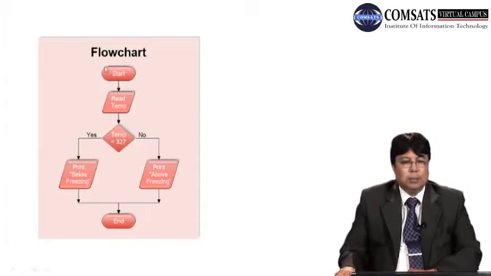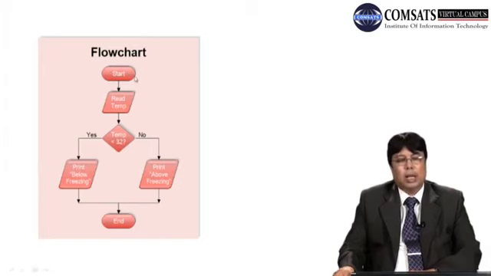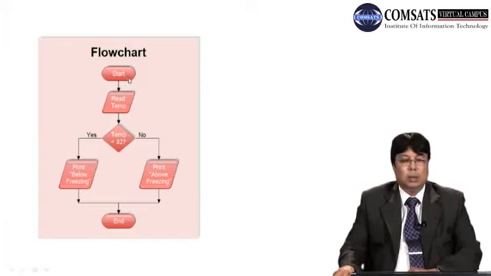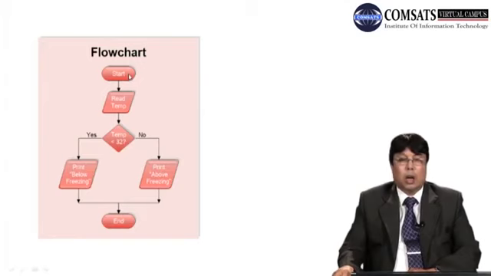Start symbol. It is slightly modified; people have slightly modified it. Okay, what I showed you was a rectangle, but here both of its sides are circular. So you can use it. This is again a slight modification in this symbol. Start your program, start your flowchart. Step number 1.